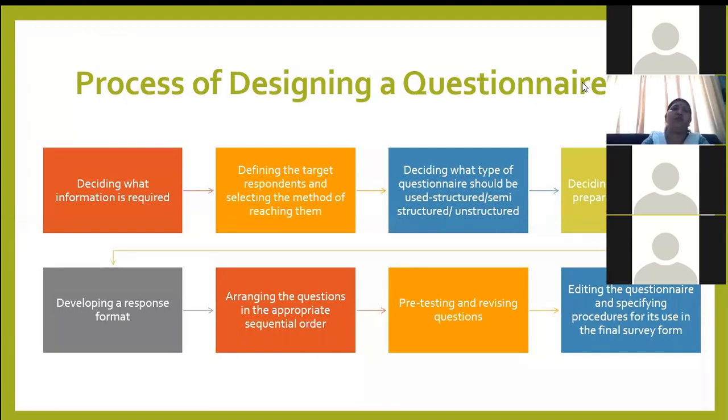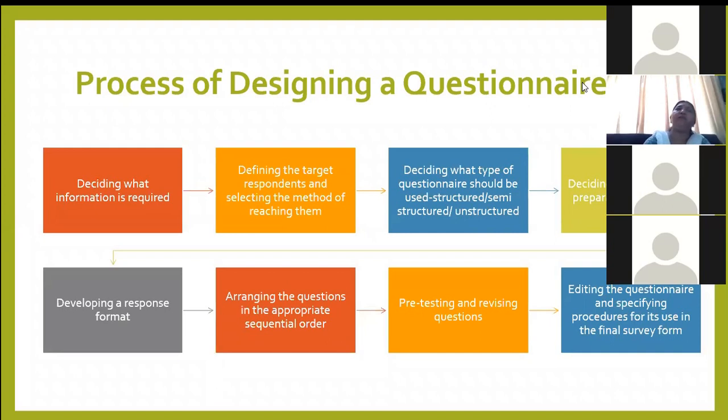So as I have already mentioned, he has to go through the proposal and he has to understand the research problem thoroughly. He has to review the literature, and he has to properly frame the research questions as well as the objectives. And he has to consider what all information is required for achieving the research objectives.